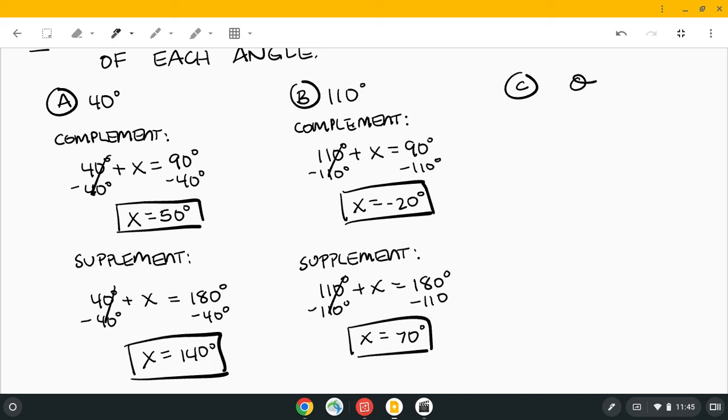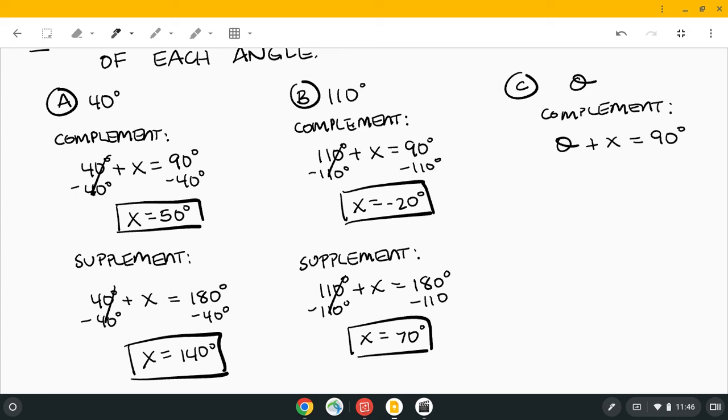Now for letter C, we have just this general angle theta. Here we're going to come up with a general formula for finding the complement. We see from letters A and B that we just take whatever angle it is, add x, and set it equal to 90.